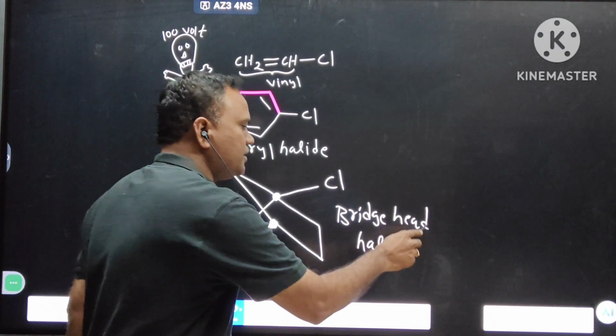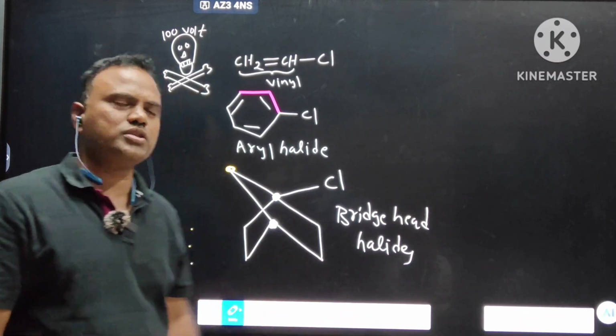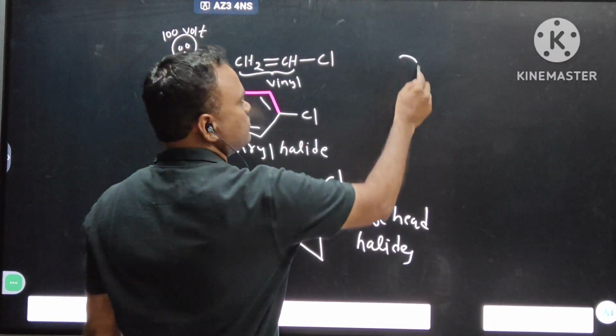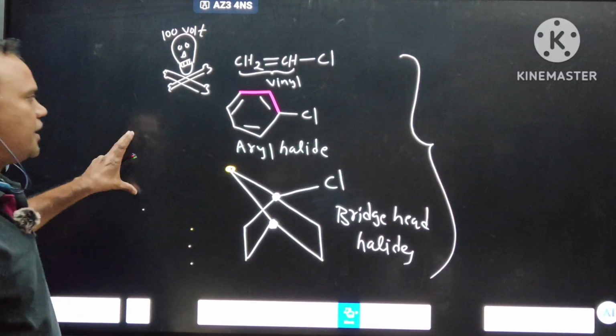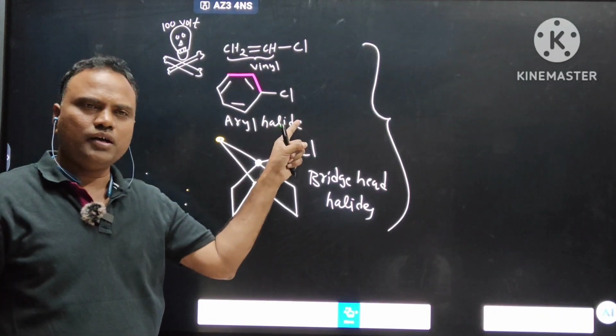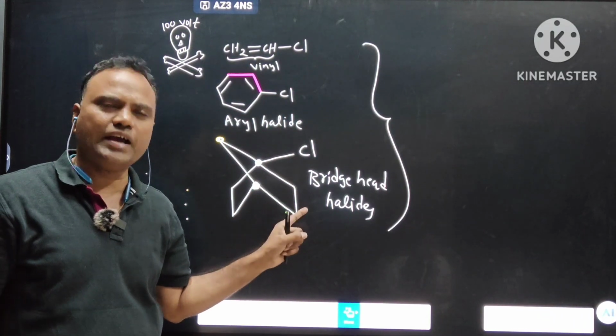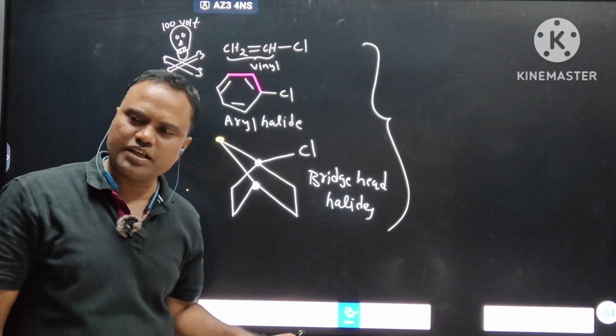Bridge head halides do not undergo SN1 as well as SN2. I'll give the reasons also, because reasons are very important. First of all, write the conclusion. Vinyl halide, aryl halide, bridge head halide do not undergo SN1 as well as SN2.